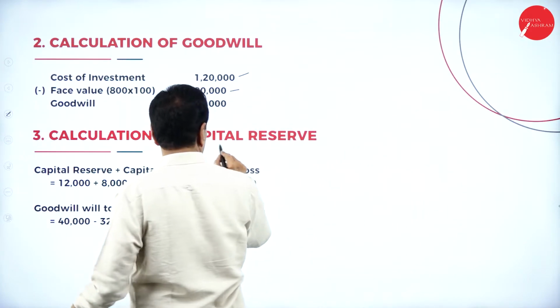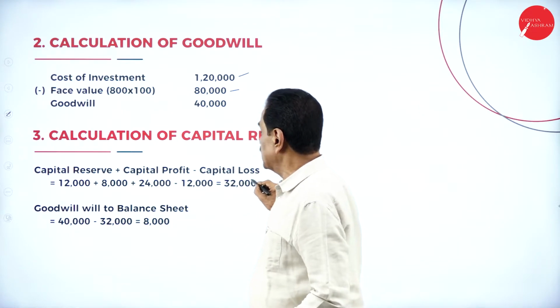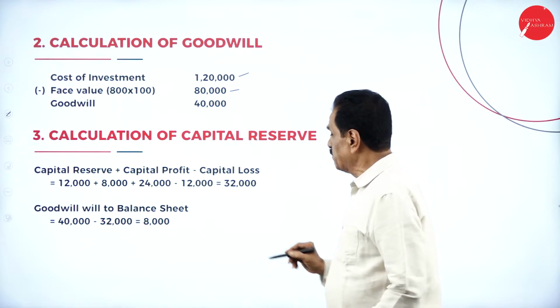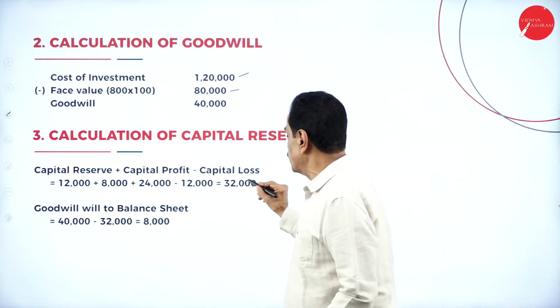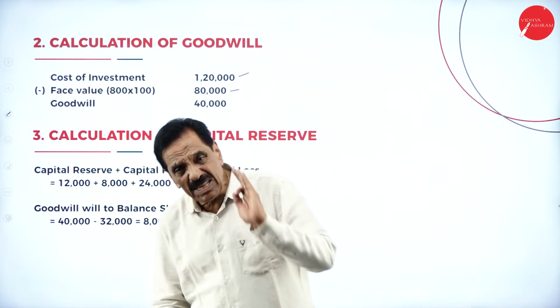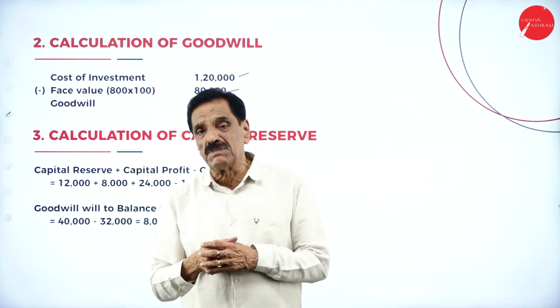So the calculation of capital reserve: capital profit minus capital loss. 12,000, 8,000, 24,000 appreciation, minus capital loss of 12,000. There's a difference of 32,000. What the problem says is that either the goodwill or the capital reserve, whichever is more, should appear on the balance sheet.